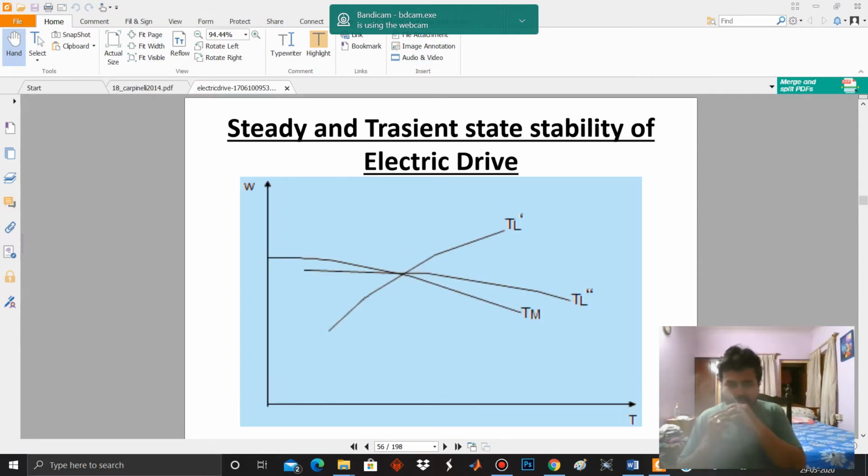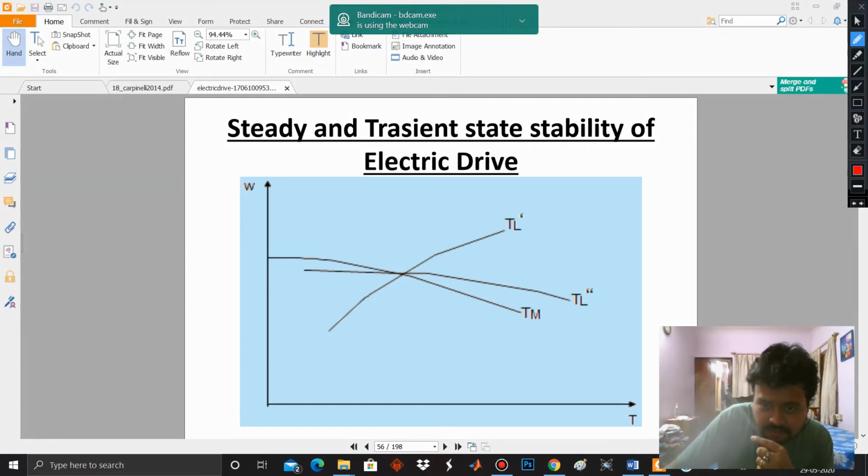Now suppose the motor torque tau m is denoted by this line, and suppose the load torque, you forget tau L double dash, let us assume that this is the tau L dash, and the operating point is this one.